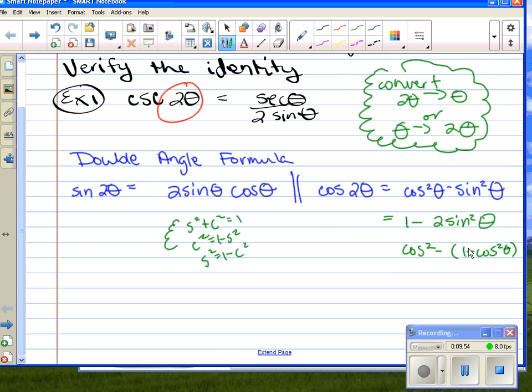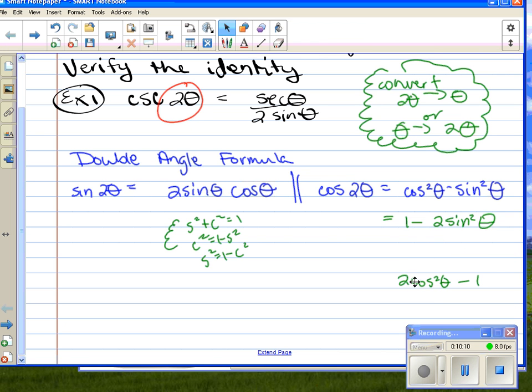A negative times a negative is going to make a positive. So I'm going to have cosine squared and a positive cosine squared. So that's 2 cosine squareds minus 1. So voila, I just made another identity.